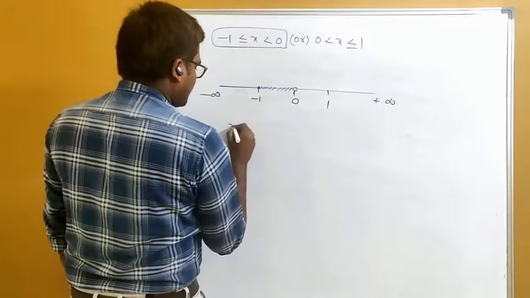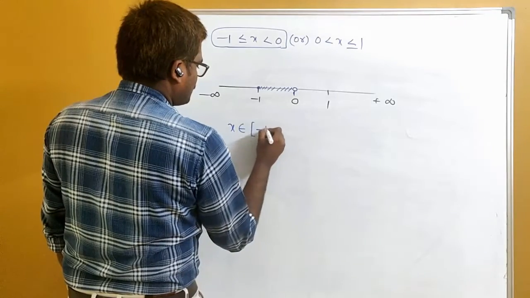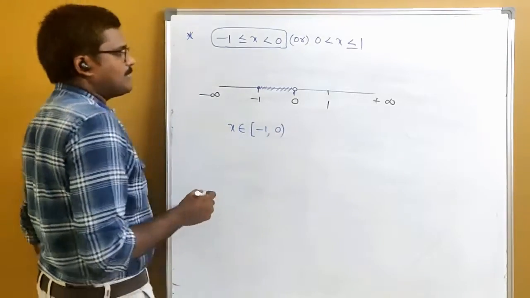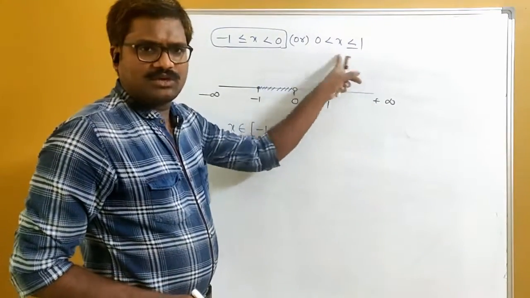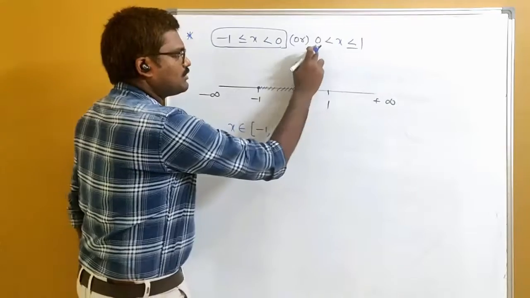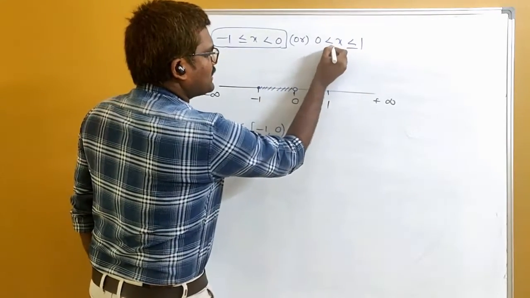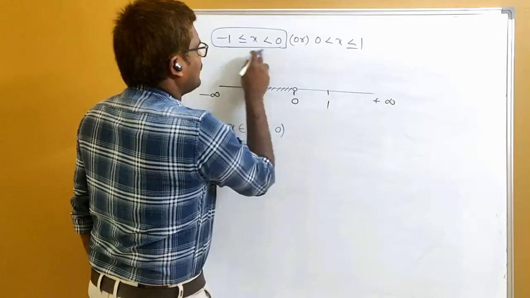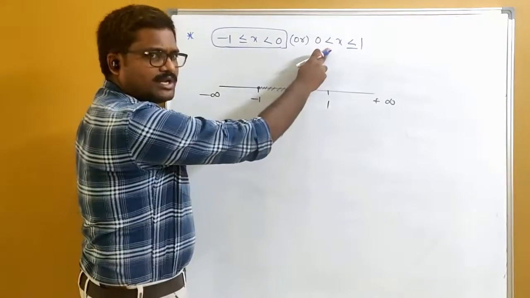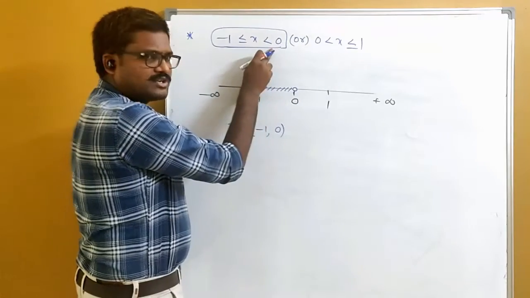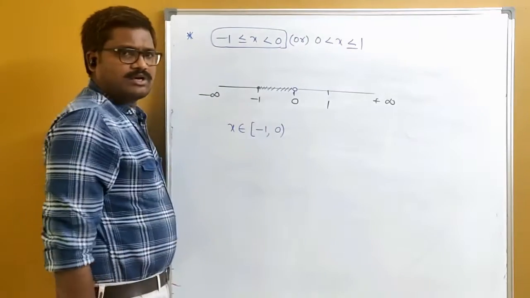So can I write this one as x belongs to closed minus 1, open 0? But you have to look at this one also. Even if you look at this inequality, 0 is open. For example, if there is equality, then we would have written this one as minus 1 to 1 directly, closed interval, because 0 is also included here. Understood? Even if 0 is not included here, 0 would have been included here.